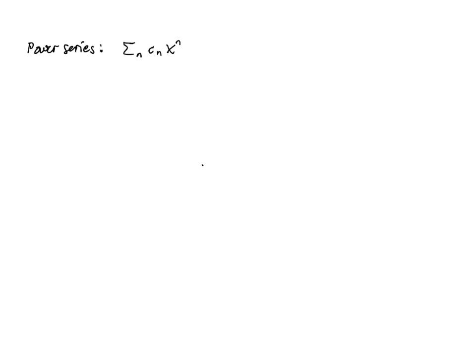Some things to note about this series are that it always converges for x equals 0, right? If you plug in x equals 0, then all those x to the n powers just become 0, and you end up with a nice finite sum. And then the question becomes, what about other x values?